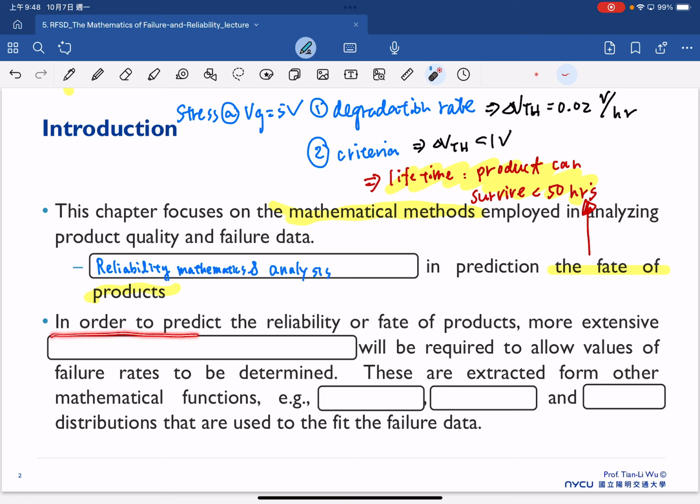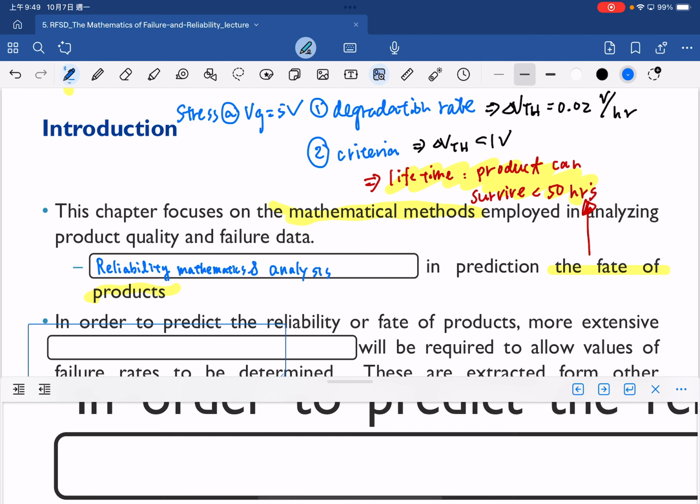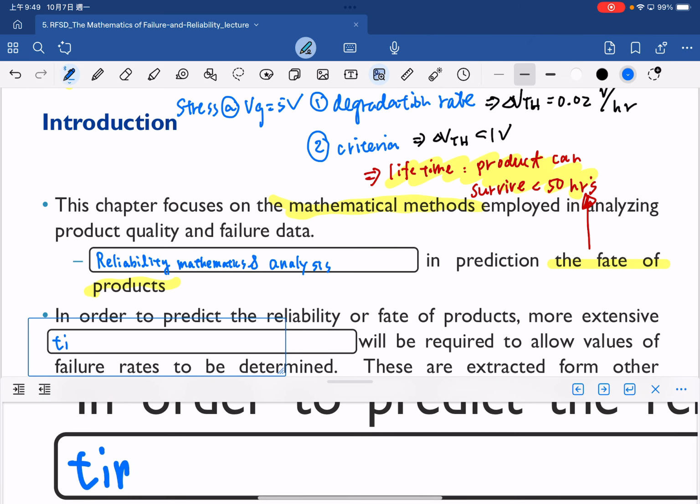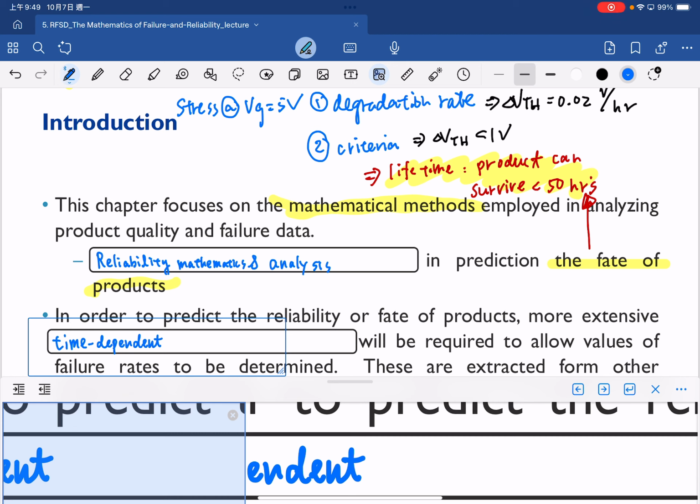So in order to predict the reliability of a failed product, we need to have extensive time-dependent destructive testing.